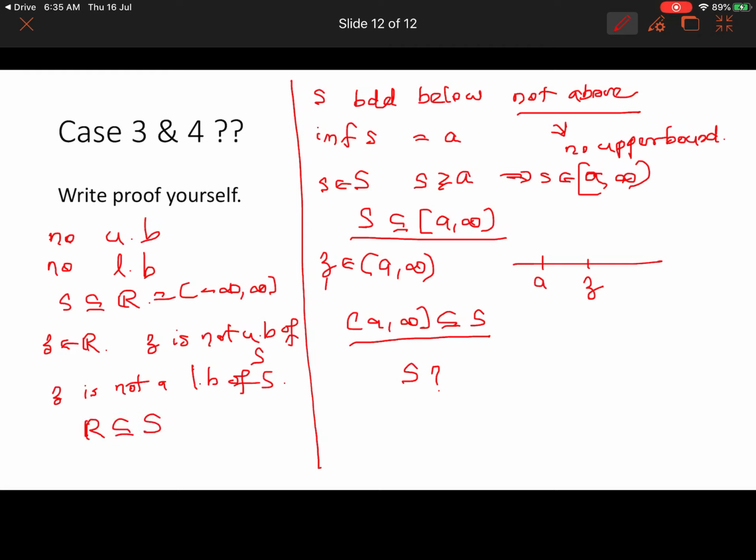Use that to conclude R is a subset of S. Here you have S subset of R and here we have R subset of S. So S is equal to R, which is the interval minus infinity, infinity. Again, it's an interval. Okay, so try to write down the proof properly.